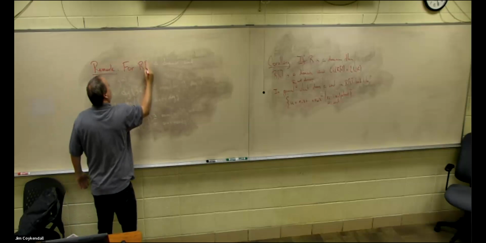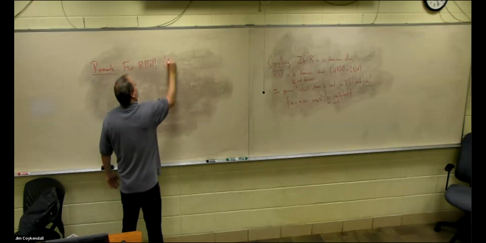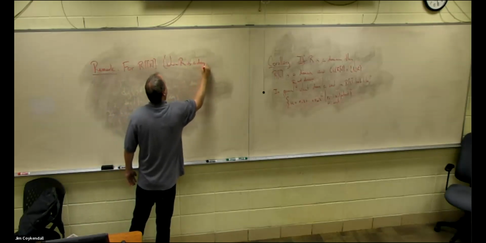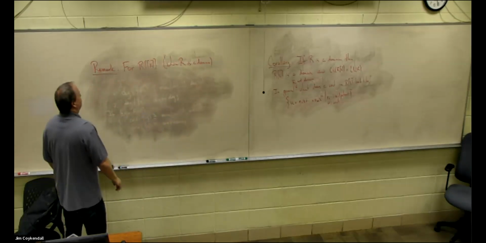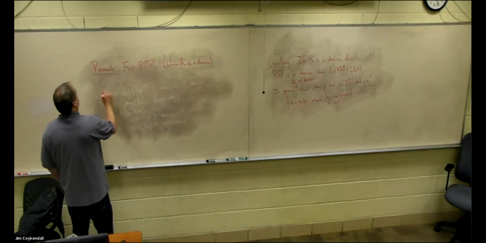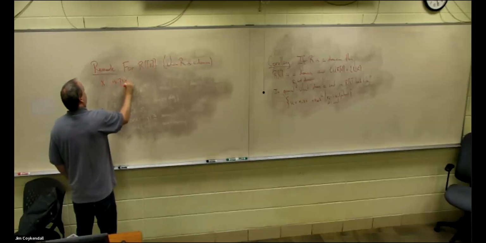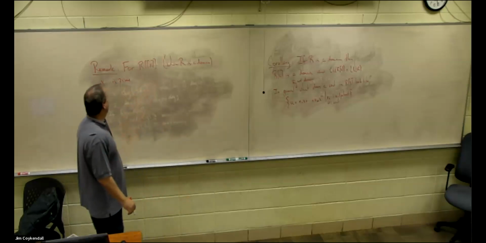For R[[x]], when R is a domain, x is prime. And just like the polynomial ring, this does depend on R being a domain.